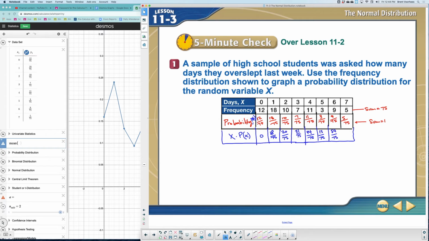And finally, 7 times 5 is 35, so 35 over 75. And now the mean, we learned, is equal to the sum of the x times the probability of x, the expected values here. The expected value itself is the mean. And so if I add these up, that will be our mean here.